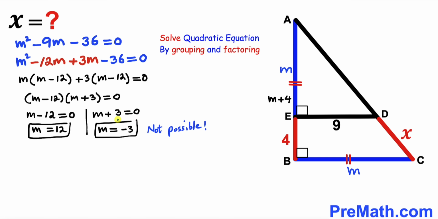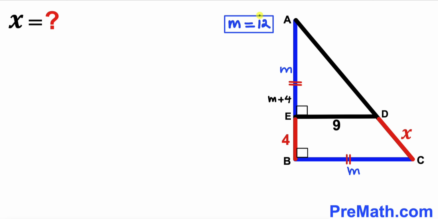The negative value is not feasible since m represents a side length, so we reject it and accept m equals 12. Therefore AE length is 12 units, and side BC length is 12 units as well.